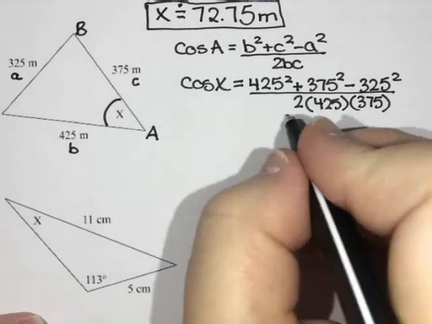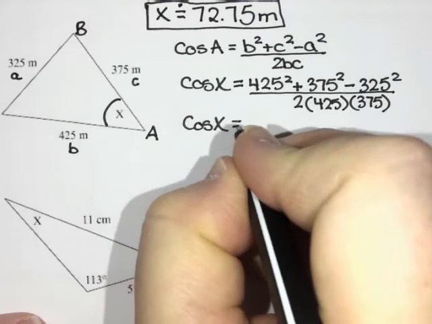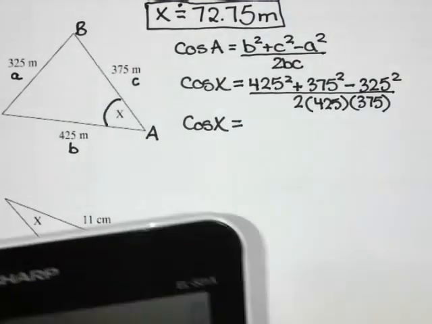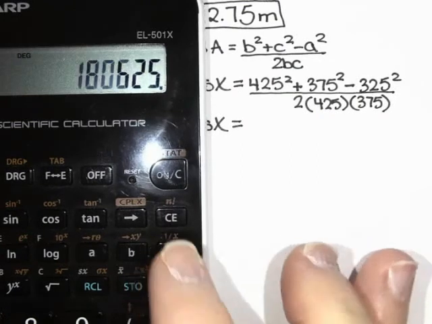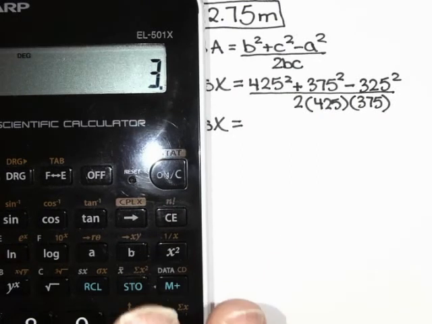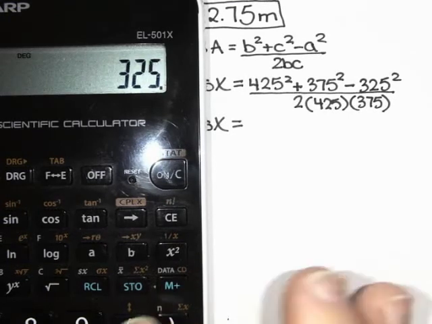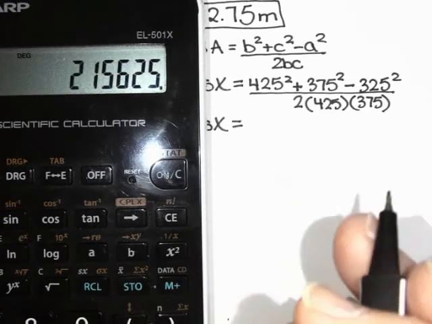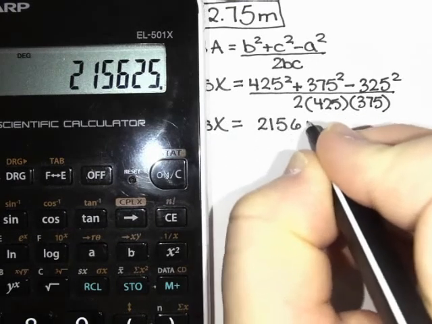Okay, my next step is to calculate the numerator and calculate the denominator separately on my calculator. So 425 squared plus 375 squared, take away 325 squared, gives me 215,625.